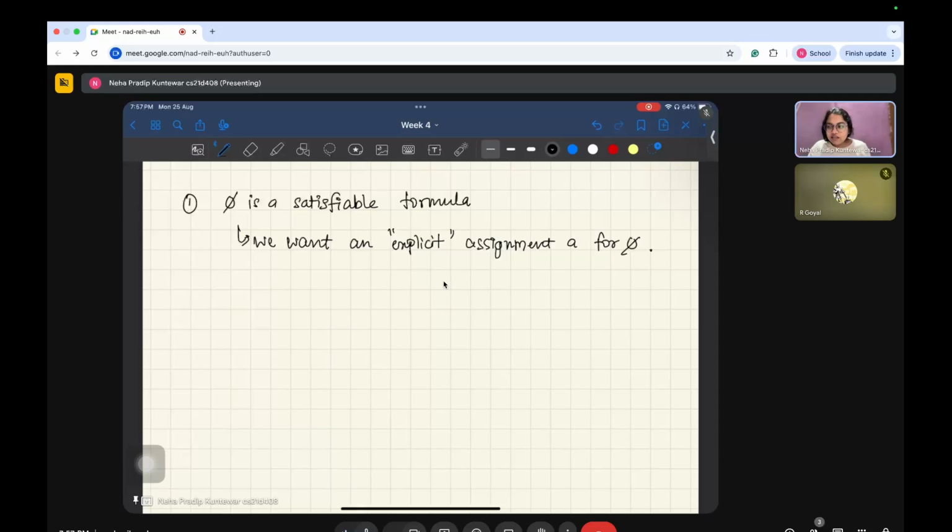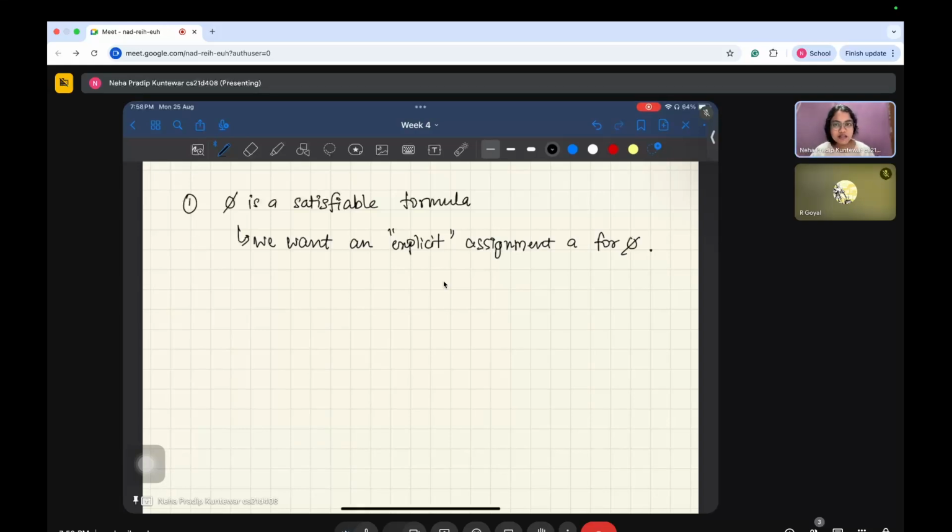So any idea how do we proceed? We want this explicit assignment a, but how do we get it?